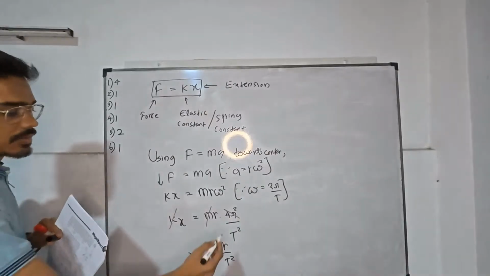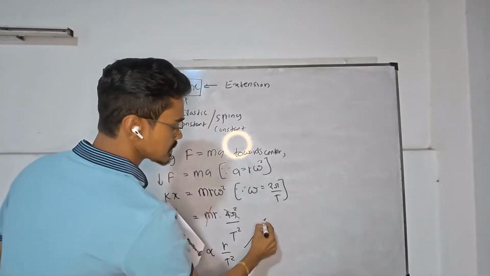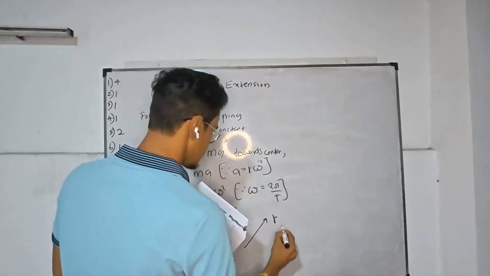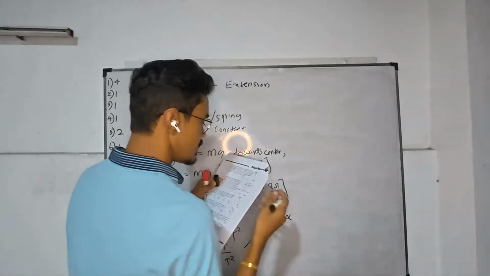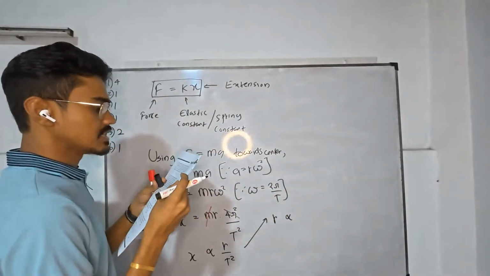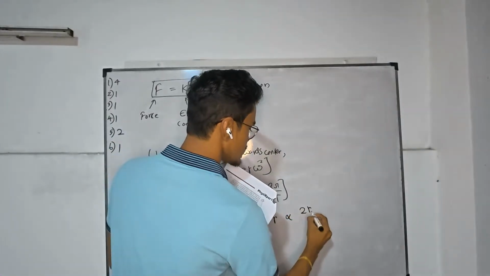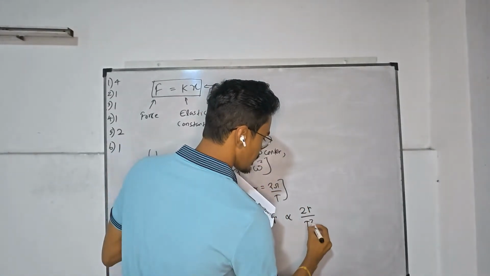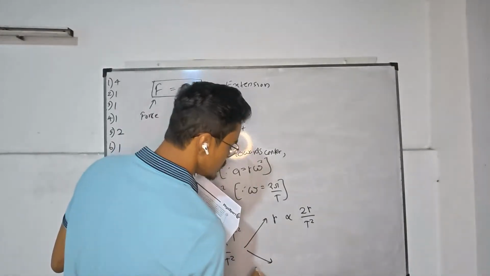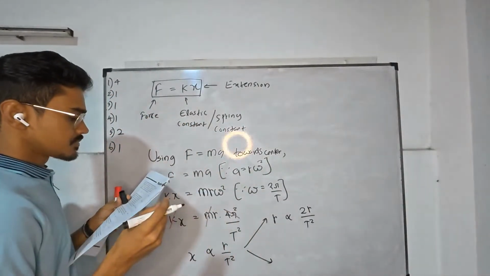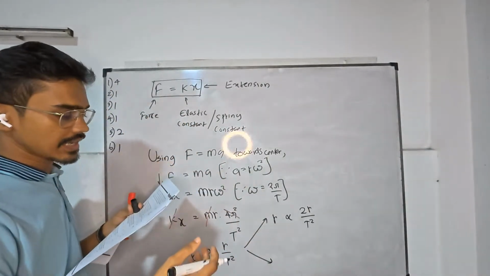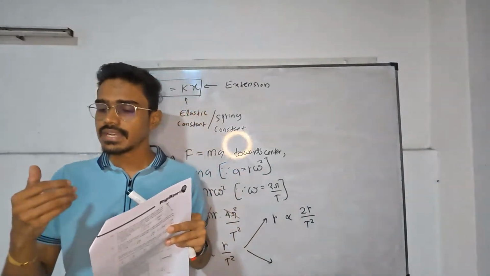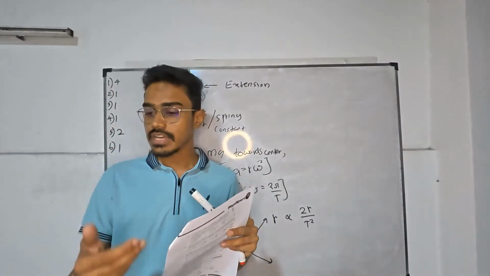Now I'm going to use this equation twice. For the first scenario, extension is r, radius of rotation is 2r, and period is T squared. For the second scenario, since radius is 3r, extension is 2r. Extension is always the additional length compared to the natural length.